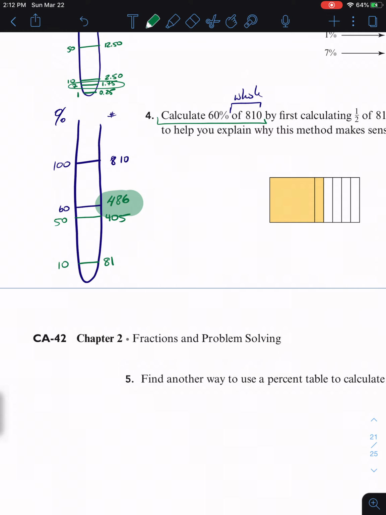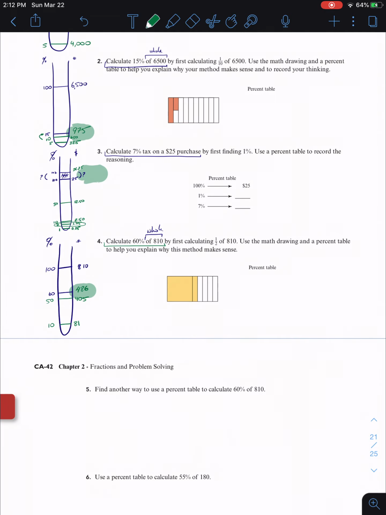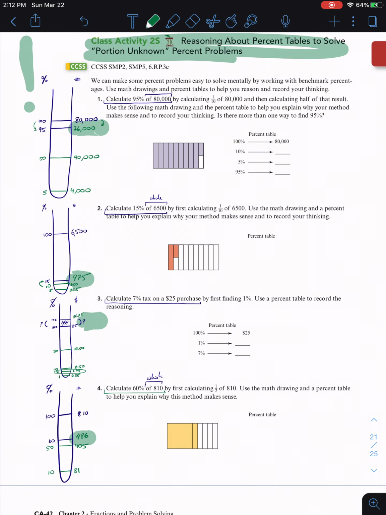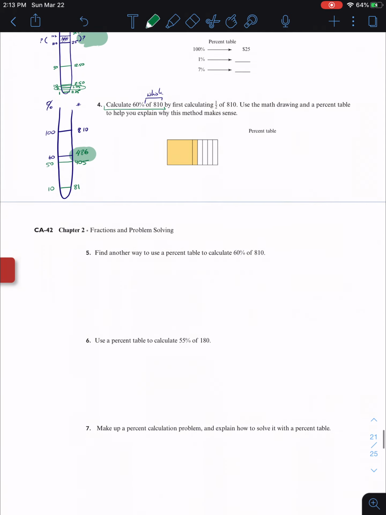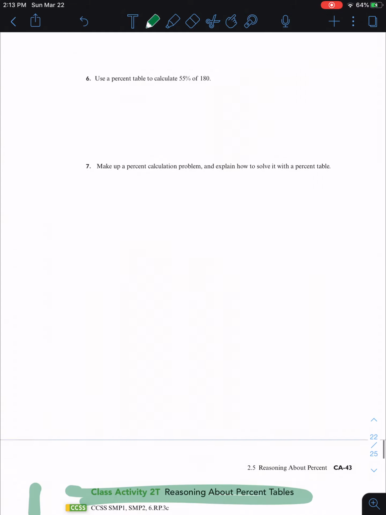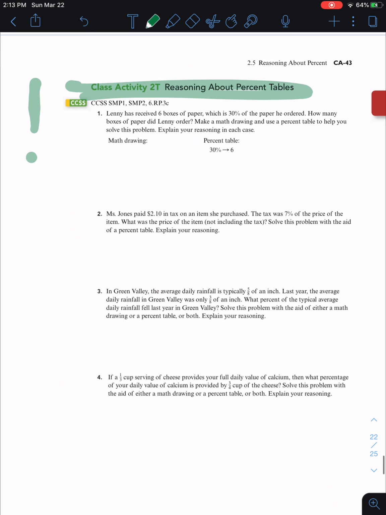Right? Okay, so I hope that gives you an idea of how to use the percent thermometer to work with any percent problem. The second page of this activity is kind of not really relevant anymore, so let's try to go on to the 2T.